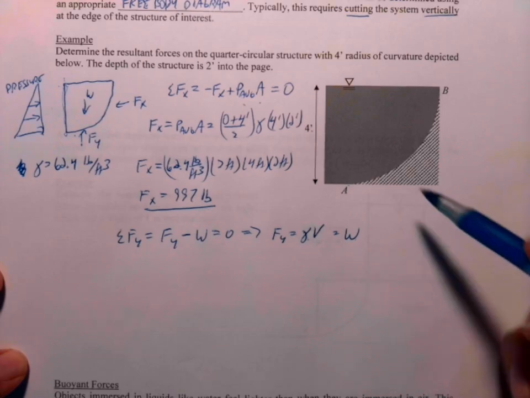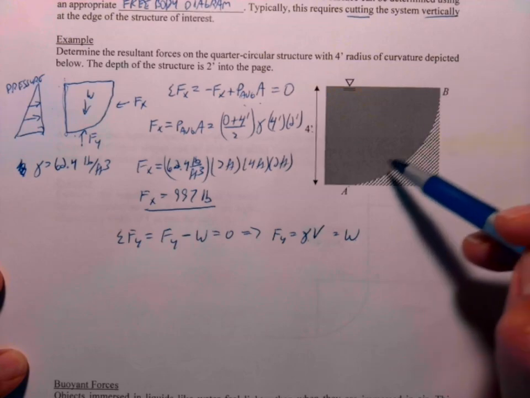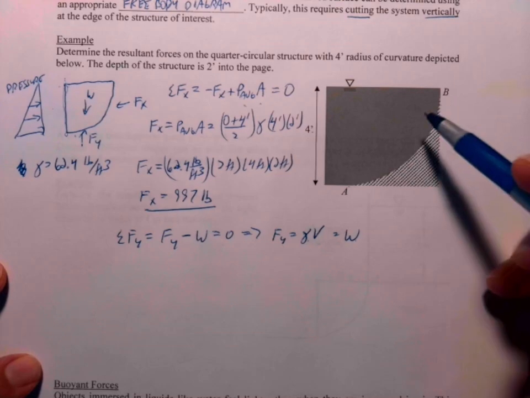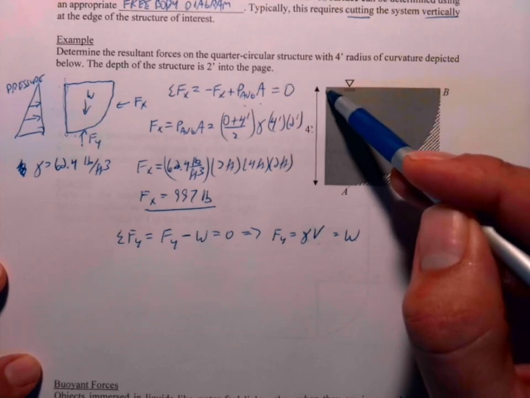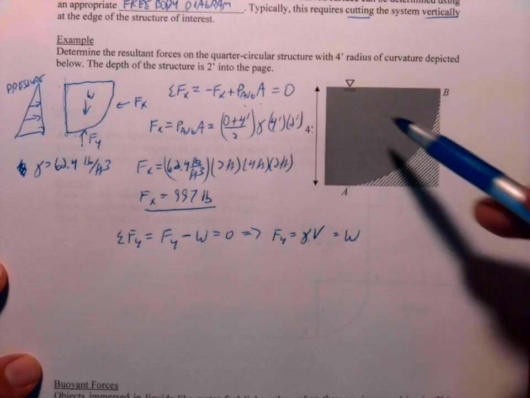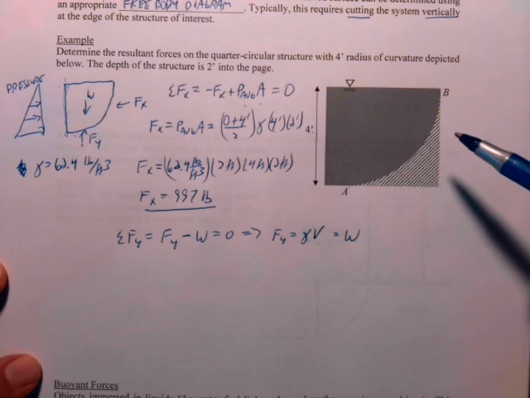And so in this case, the geometry of this shape is a quarter circle, and so the volume is going to be pi r squared, where this is r, divided by 4 because it's a quarter of that, and then times the thickness here into the page.